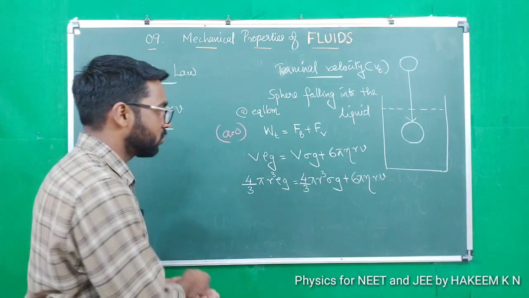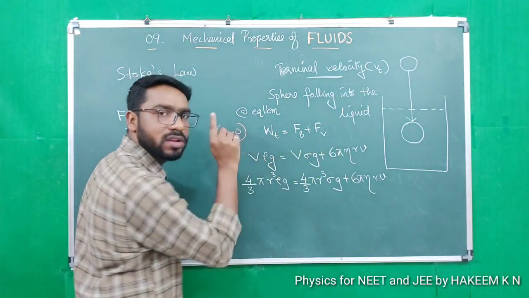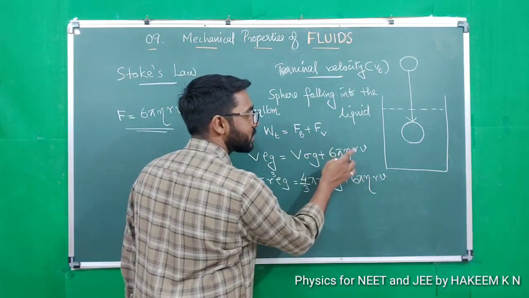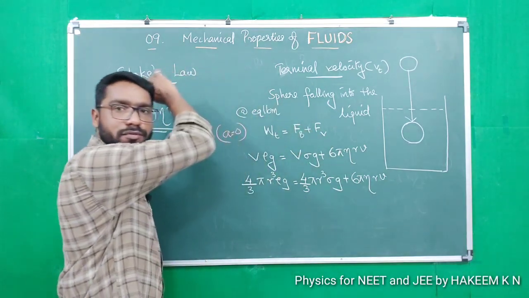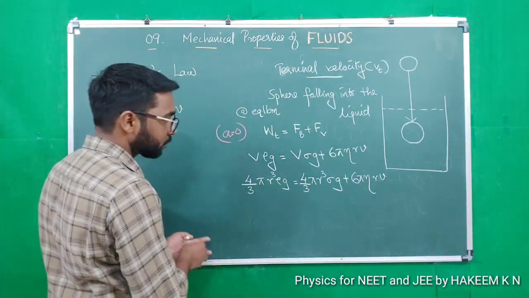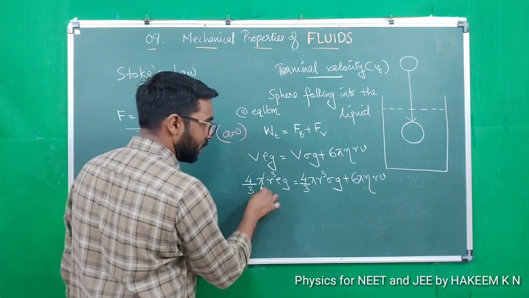So we will get weight equal to Fb plus Fv. For weight mg, we can write V rho g; V sigma g is the buoyant force, and 6 pi eta r v is the viscous force according to Stokes. Giving the values, you can cancel pi.